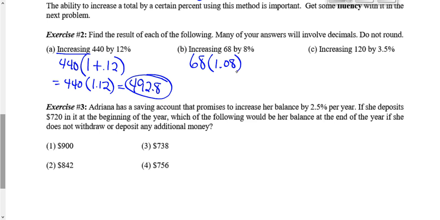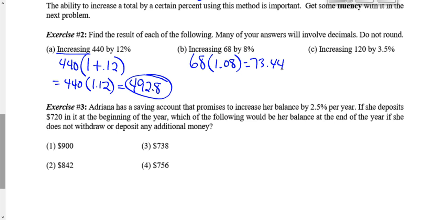What I have here? Yes or no? Yeah, 1 plus 0.08, right? What'd you get? 73.44. Okay? And C.